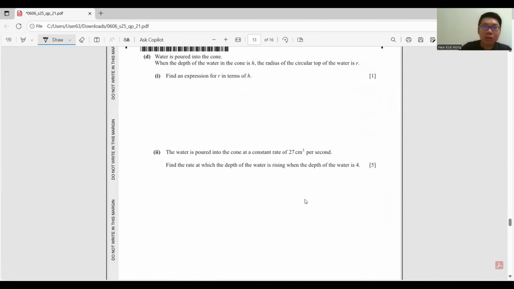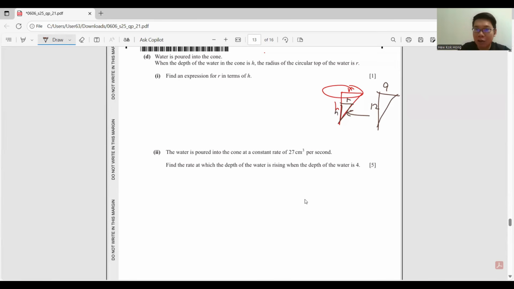Part D. The water is poured into the cone. When the depth of water is h, the radius is r. Find an expression for r in terms of h. This part is the situation when water is pouring in. To find the relationship, we must use similar triangles. Previously, we already know the radius is 9, the height is 12.